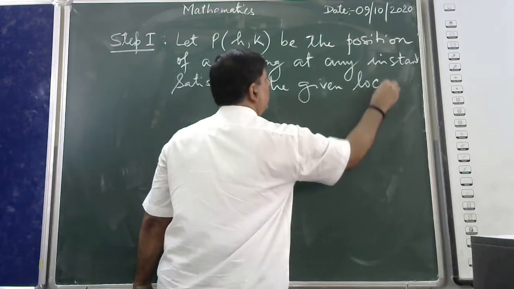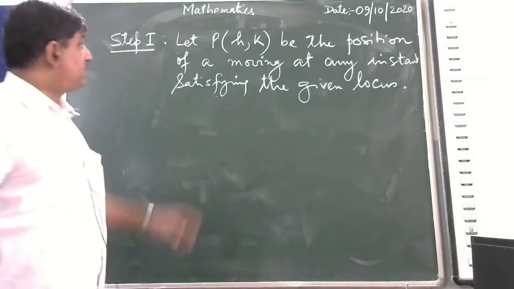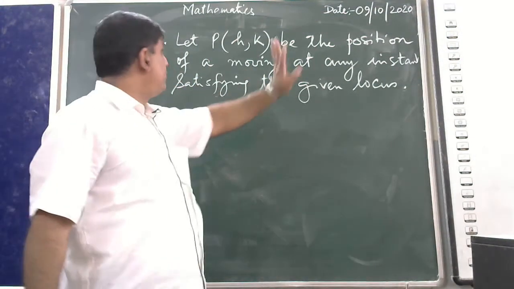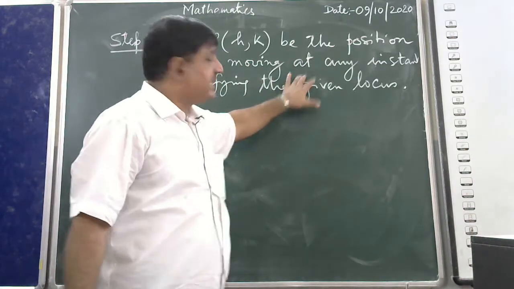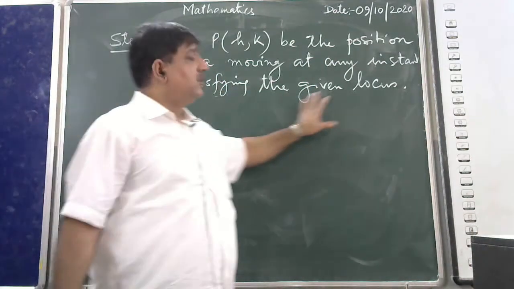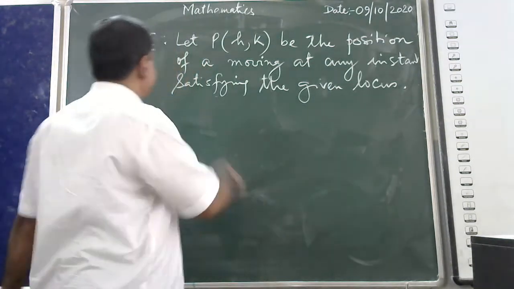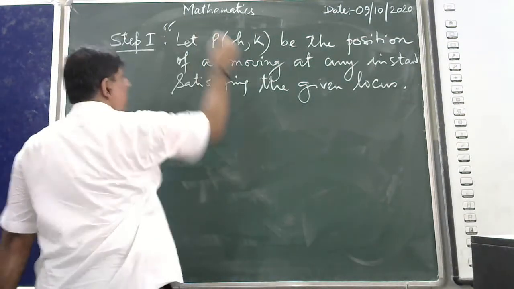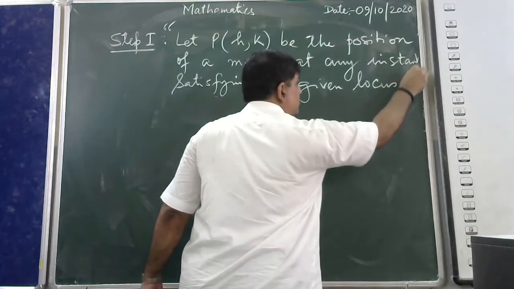Let P(h, k) be the position of a moving point at any instant satisfying the given locus. So this statement you have to write for all the problems based on locus.